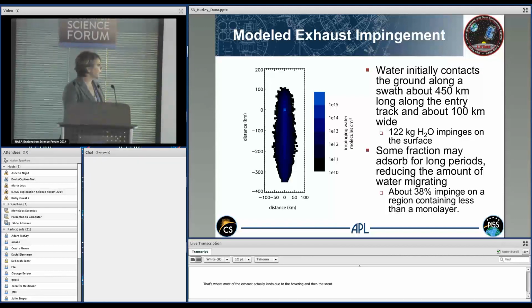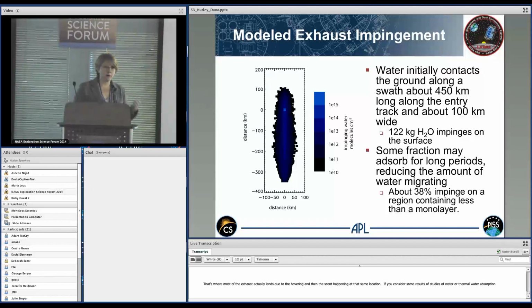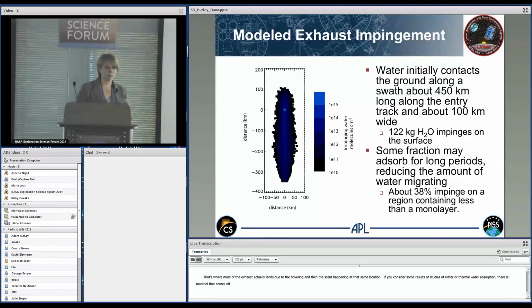And so if you consider some of the results of studies of thermal water desorption, there's material that comes off at low temperatures, which is water that's bound to other water, but the water that's bound to the regolith comes off at higher temperatures.